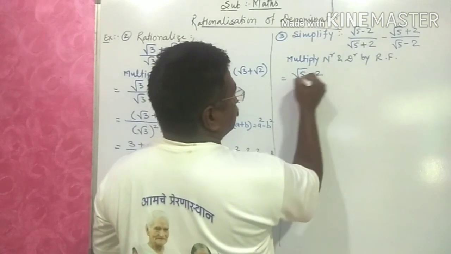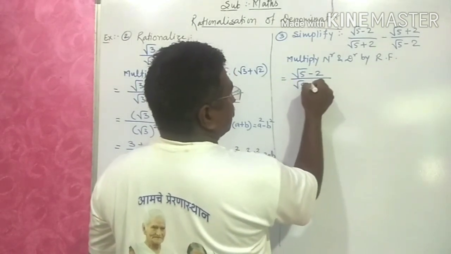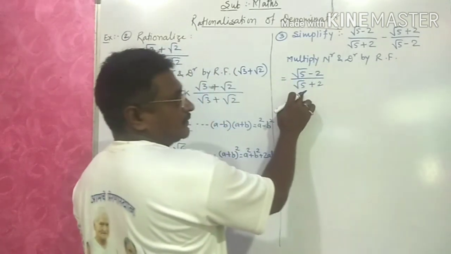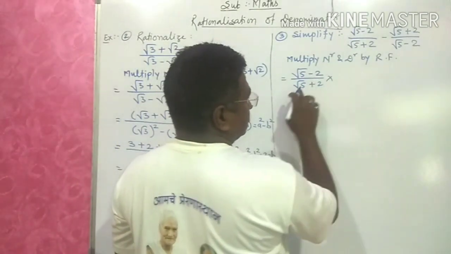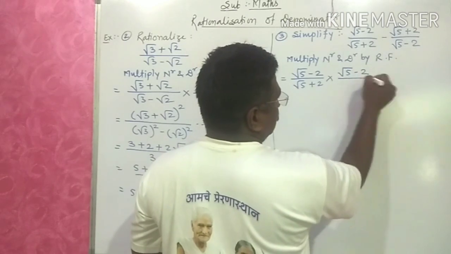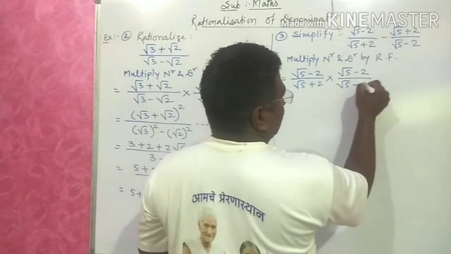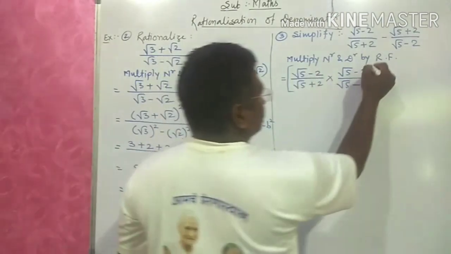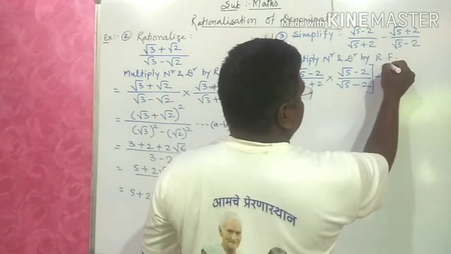(√5 − 2)/(√5 + 2). The first term has to be rationalized. So what will be the rationalizing factor? (√5 − 2)/(√5 − 2). This is the first term. Minus.